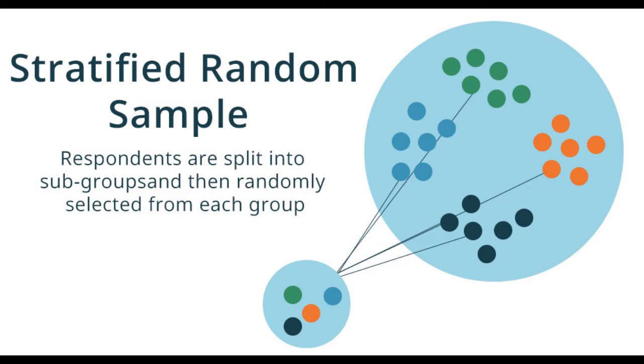Then based on the overall proportions of the population, you calculate how many people should be sampled from each subgroup using a certain formula or sample size calculator. Then you use random or systematic sampling to select a sample from each subgroup.